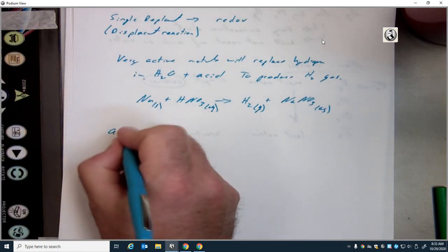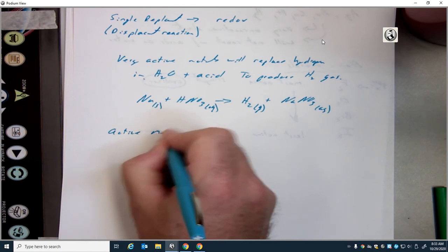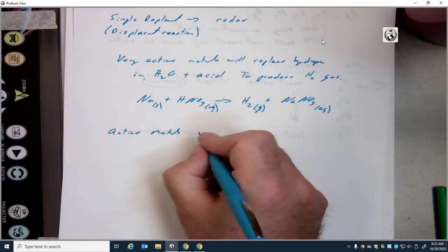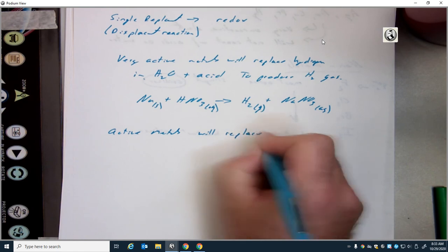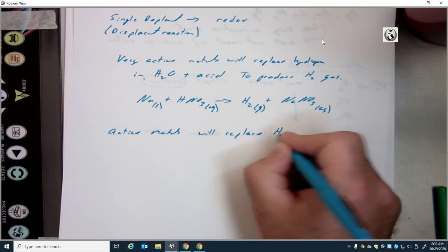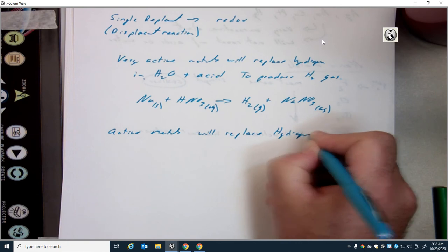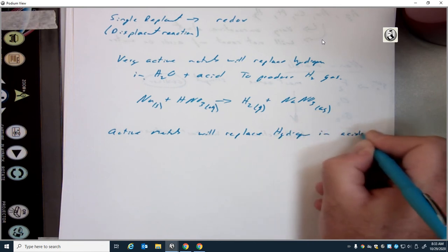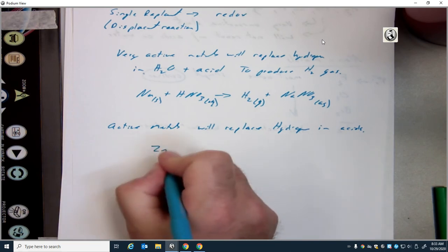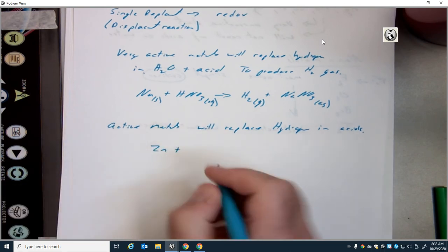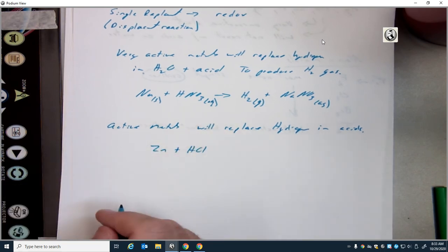Our active metals will replace hydrogen in acids. So zinc is an active metal. React it with HCl.